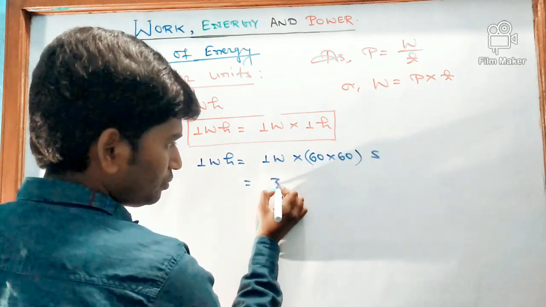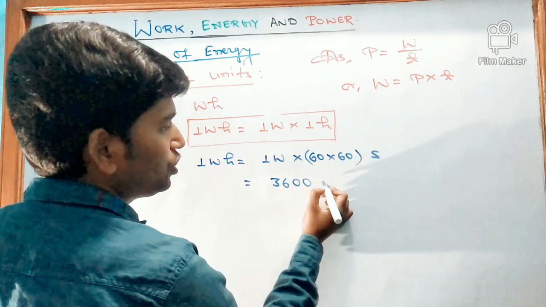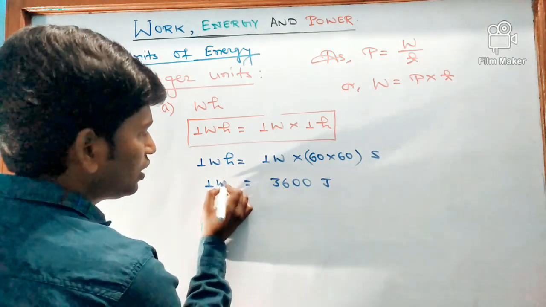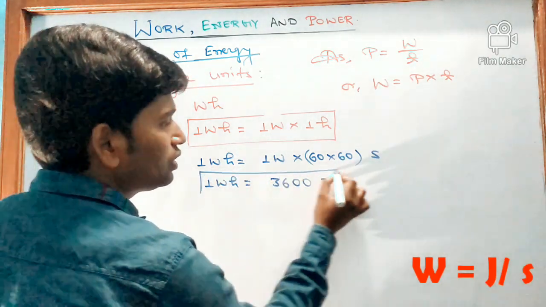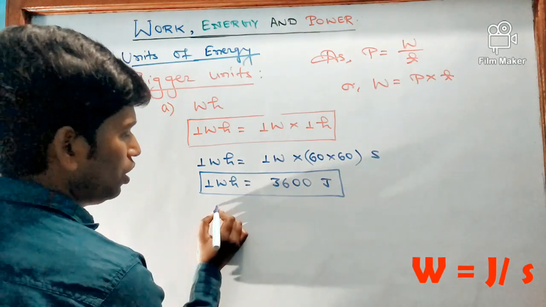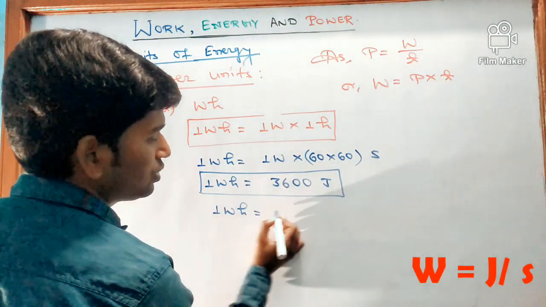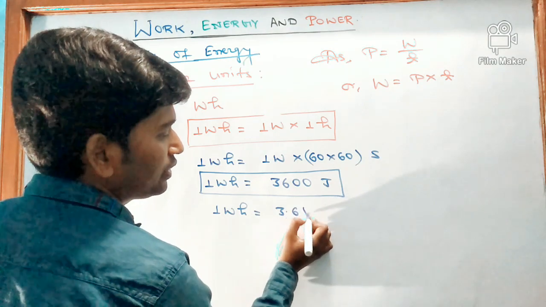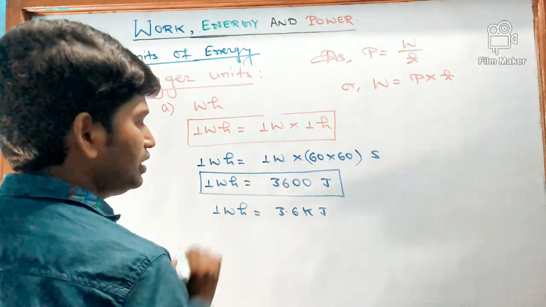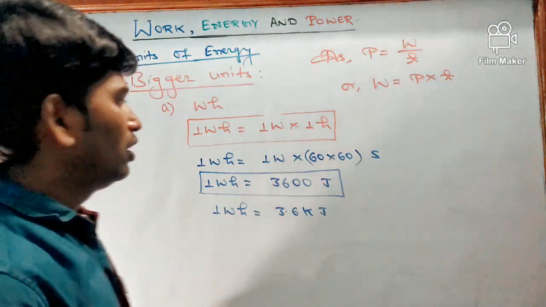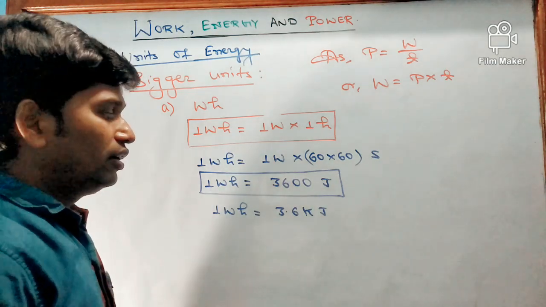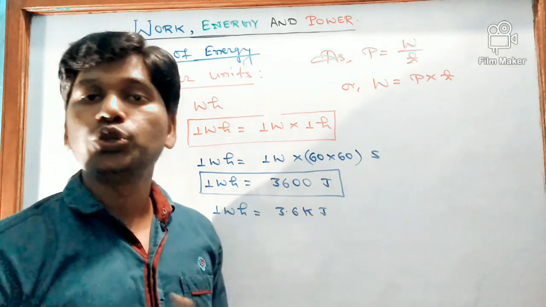So it will become 3600 joule. So 1 watt hour is equal to 3600 joule, or 1 watt hour is equal to 3.6 kilojoule. So this is the relation between watt hour and joule or kilojoule.